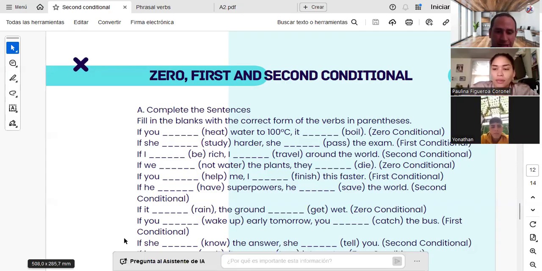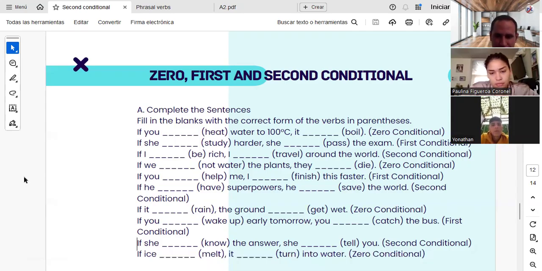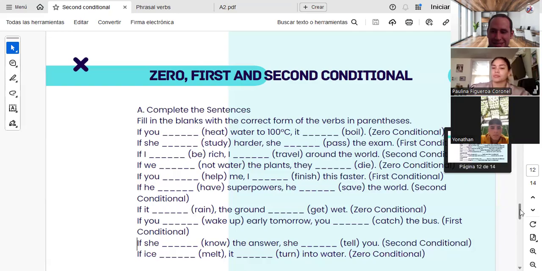Jonathan, next one. If she knew the answer, she would tell you. Okay, well done. Paulina, last one, please. Zero conditional. If ice melts, it turns into water. Okay, awesome. You're on fire, guys. Well done. Let's continue.